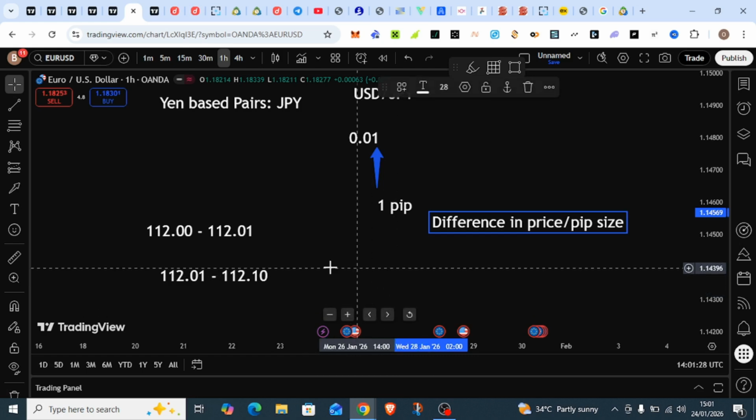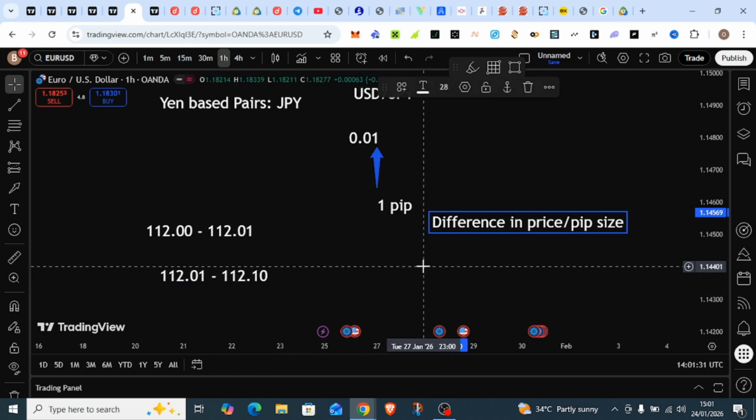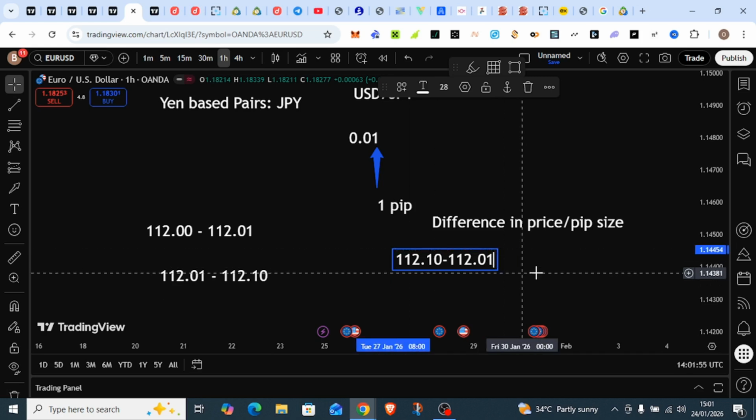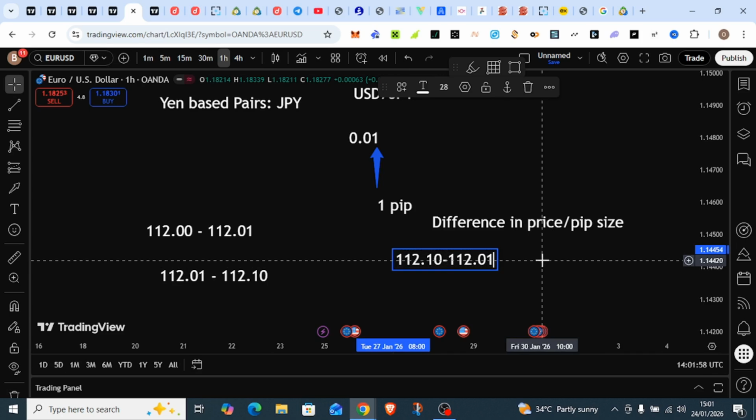So what we have here now is 112.10 minus 112.01, over 0.01. Let's put this in brackets.